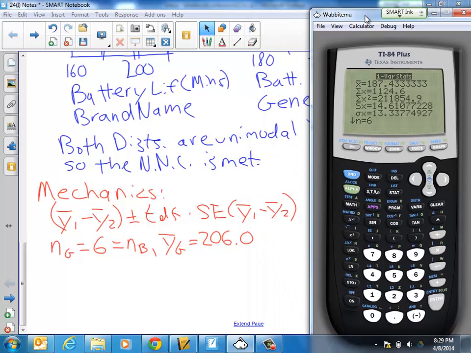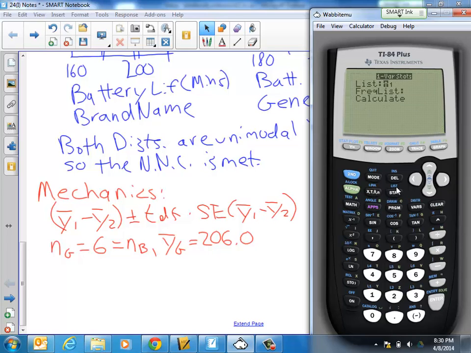X bar, or y bar, whichever you want to use. It doesn't really matter. As long as you've got a bar on a lowercase variable, you're referring to some sample data's mean. So y bar sub g is generics, and I ran it for the brand name, didn't I? Well, to get the sample mean for the generics, we would go second quit here, stat calc one variable stats.